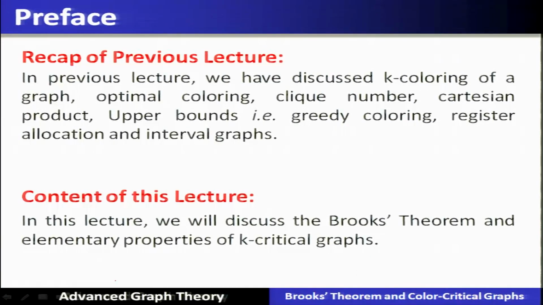In this lecture we will discuss the Brooks theorem, which gives a bound on the chromatic number of a graph, and we will see its proof. Then we will also look into k-critical graphs. Here k-critical graph means k-color critical graphs.